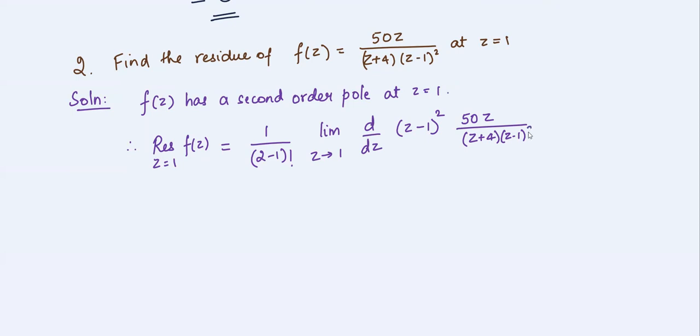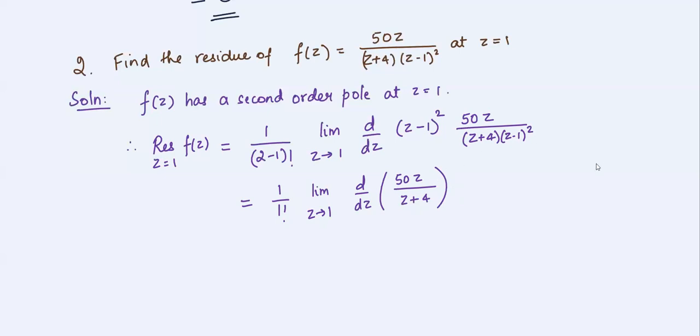So (z minus 1) whole square cancels, and we get 1 by 1 factorial only. Limit z tending to 1, derivative of 50z by (z plus 4).